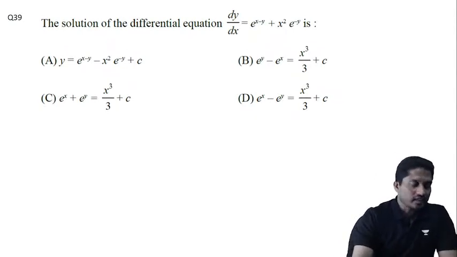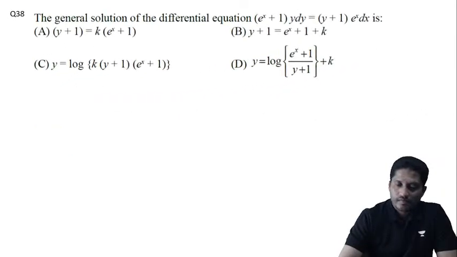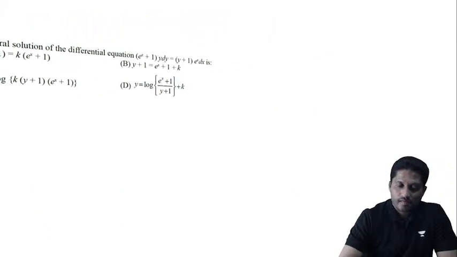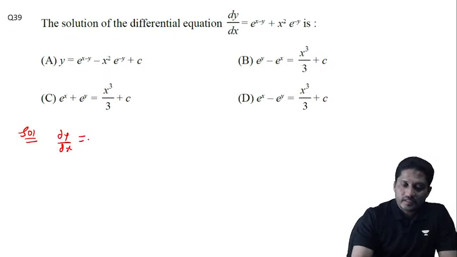Alright, question number 39. I can write this as dy by dx is equal to e power x into e power minus y plus x square into e power y.